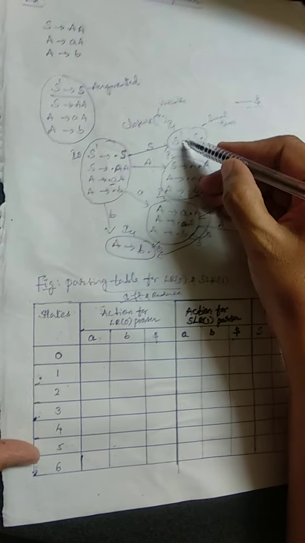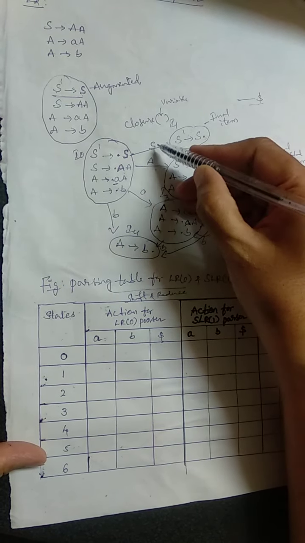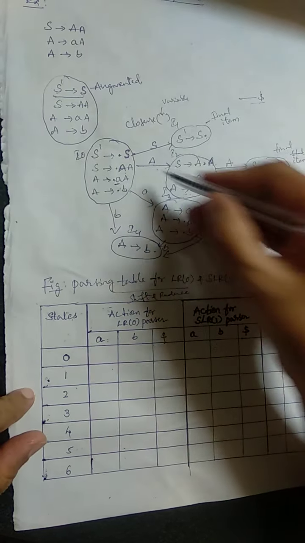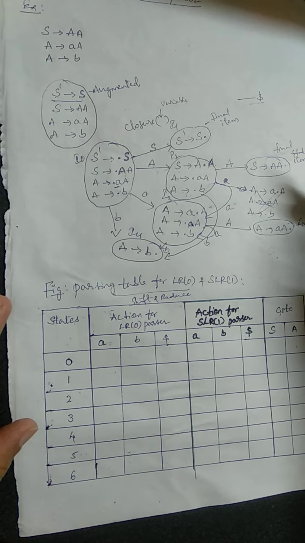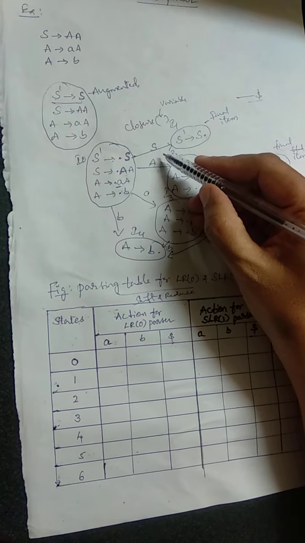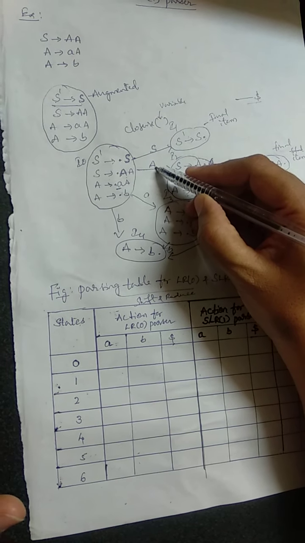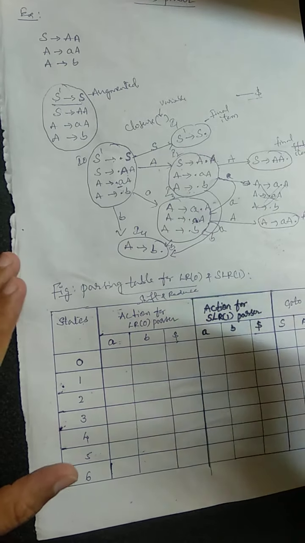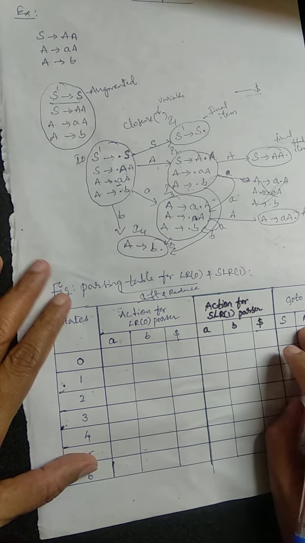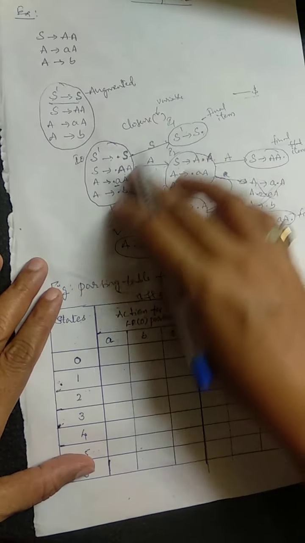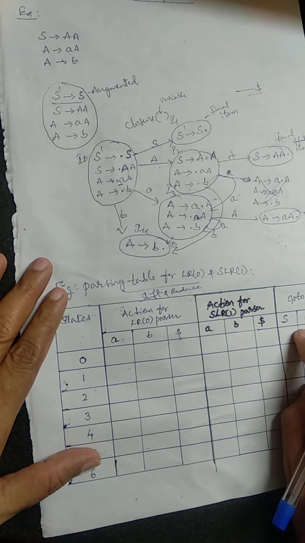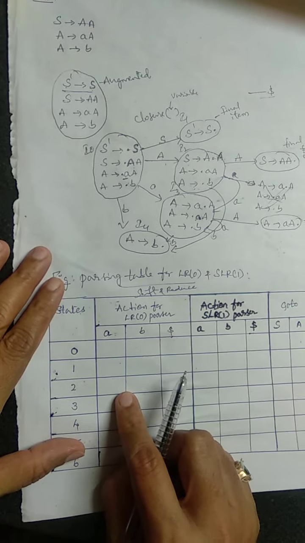When I want to move to the state I1 or the state I2, I have to see the variable S or A. These S and A are not included in the language, nor are they considered terminals. So we take one separate column and name it goto. It includes only the variables. Whatever variables we have taken on the transitions will be included in the goto table, and all the terminals will be included in the action table.